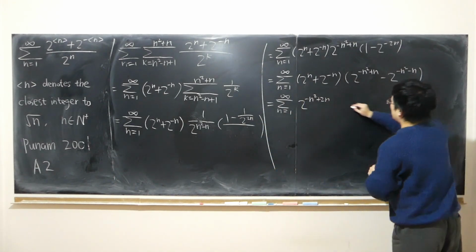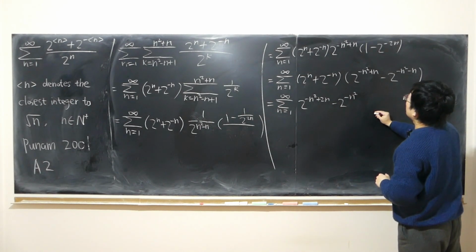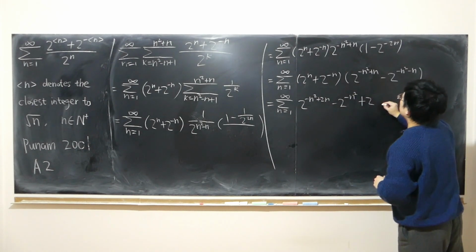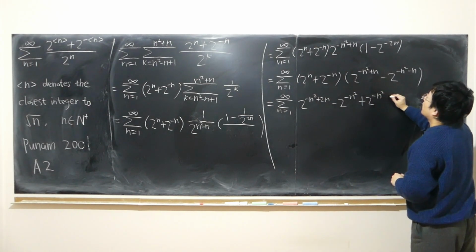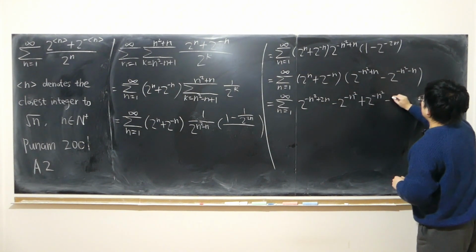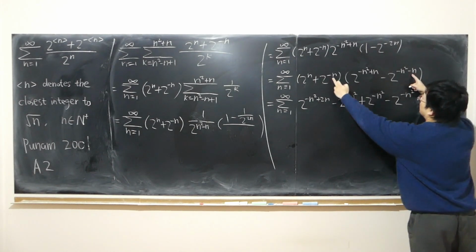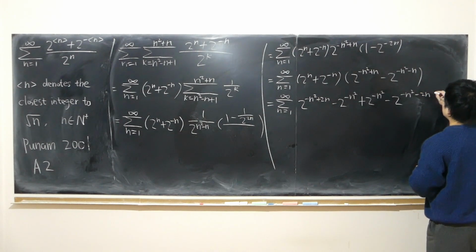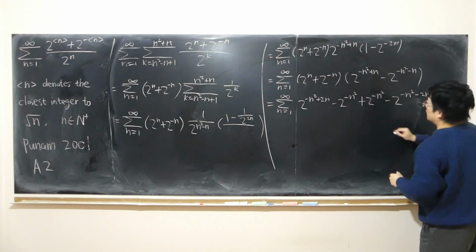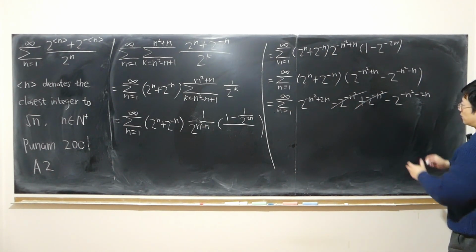This multiplied by that, negative 2 to the negative n squared. And this multiplied by that, plus 2 to the negative n squared, negative n gone. So this multiplied by that, negative 2 to the negative n squared minus 2n. Right. So notice this and this, they can just cancel out. So eventually you have those two.